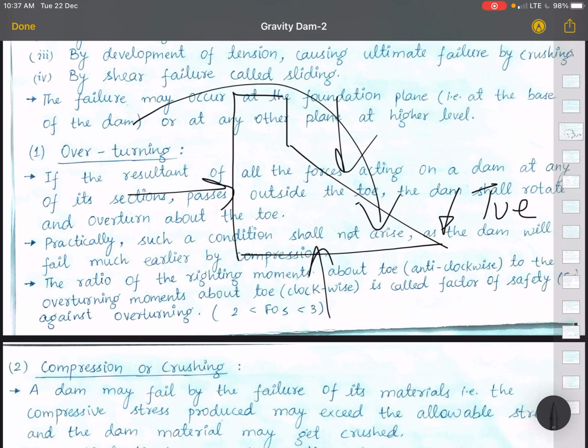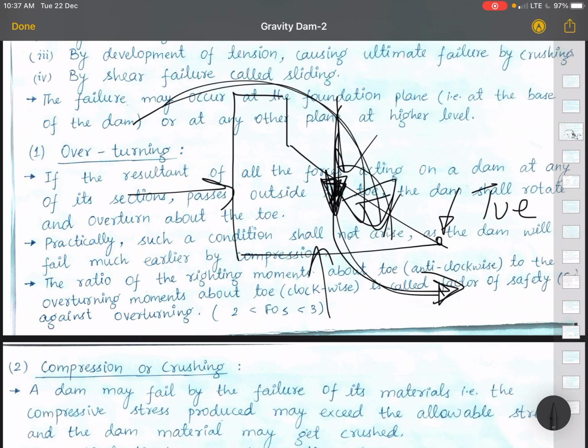These forces are disturbing the structure, and the moment of the weight about this point, which was the restoring force, is in the anti-clockwise direction. The clockwise direction is our disturbing forces, the moment of the disturbing forces, and the moment of weight about the toe is anti-clockwise, and it is a restoring or righting moment.